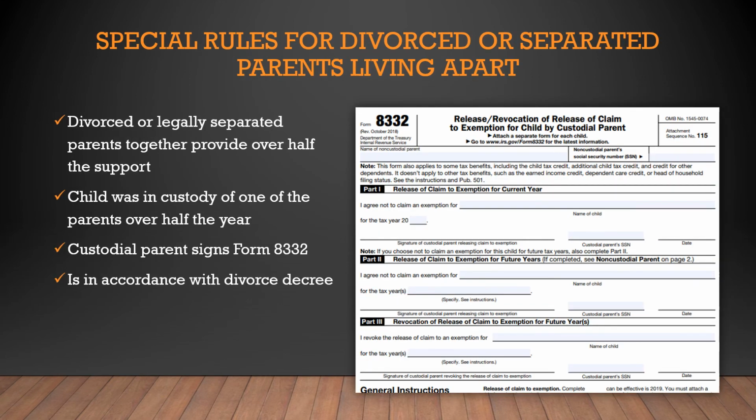And last, before we leave, there are some special rules for divorced or separated parents who live apart. These are parents who would be considered unmarried, so they are divorced or legally separated.